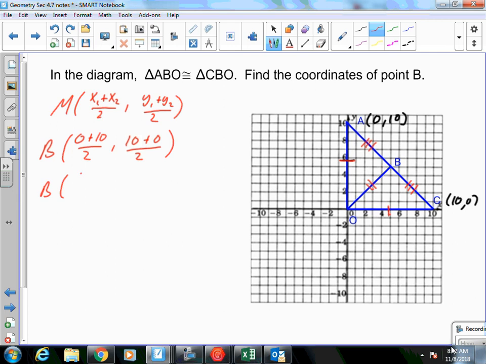Which will give us 10 over 2, 10 over 2, otherwise known as (5, 5). Which is exactly where B looks like it is on the graph. But like I said, it could be not perfectly at an intersection where you can see exactly what it is. So if not, this is how you would figure it out. Questions there? Anybody? All right.